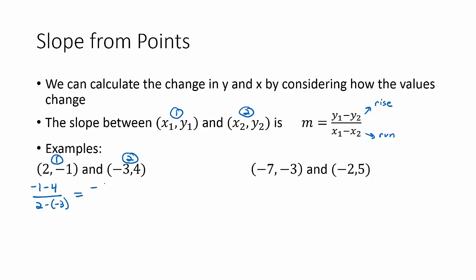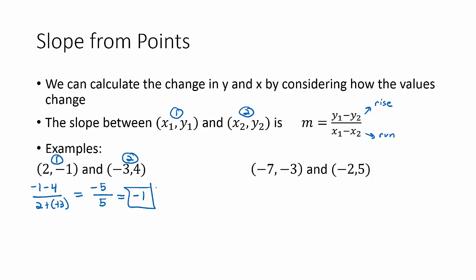Well, -1 minus 4 is -5. And 2 minus -3, if I add the opposite, that's 5. And so this actually reduces to a slope of -1. It's negative, so I know this line's going downhill. It's -1, so it's kind of a medium slope. Lots of good information off of that slope.